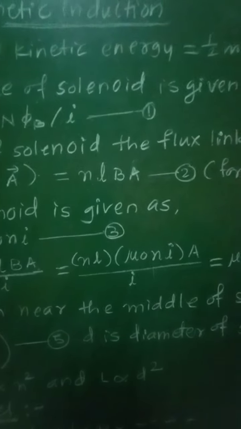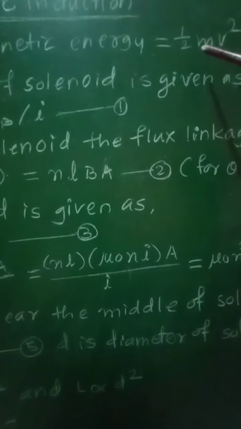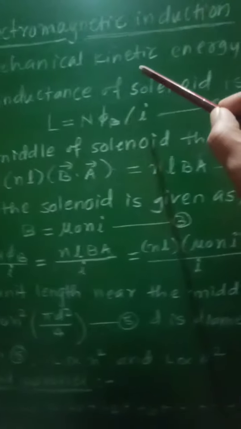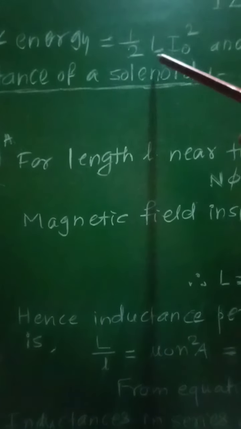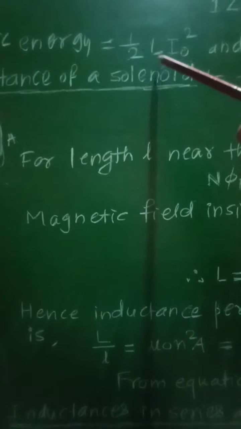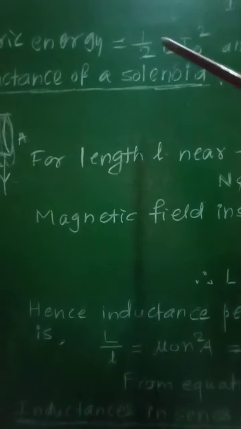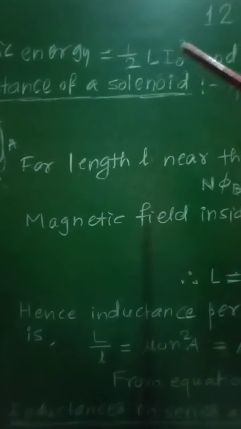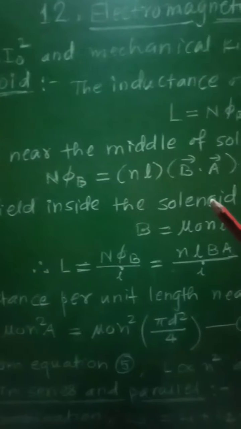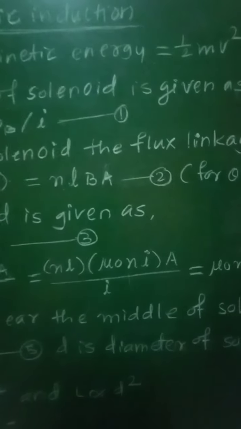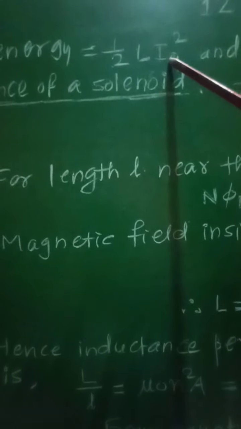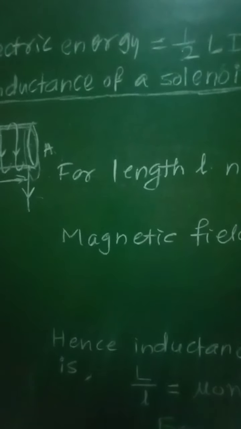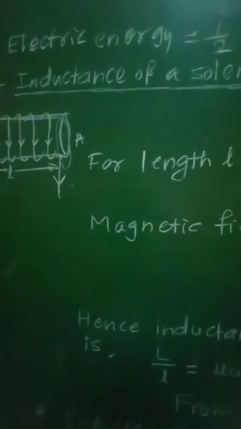That means comparing these two equations, inductance L will play the same role in electric energy as that of the mass in mechanical energy. Similarly, the role of velocity v in mechanical energy will be played by the current I0 in the case of electric kinetic energy.